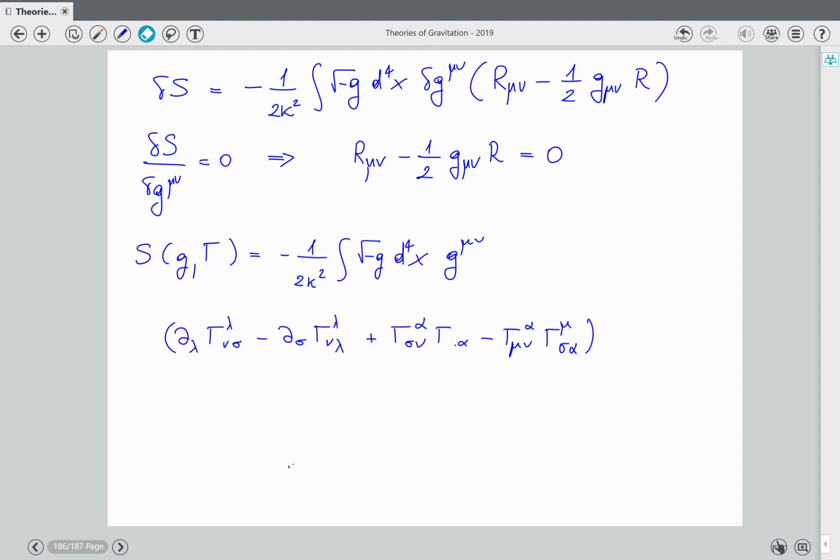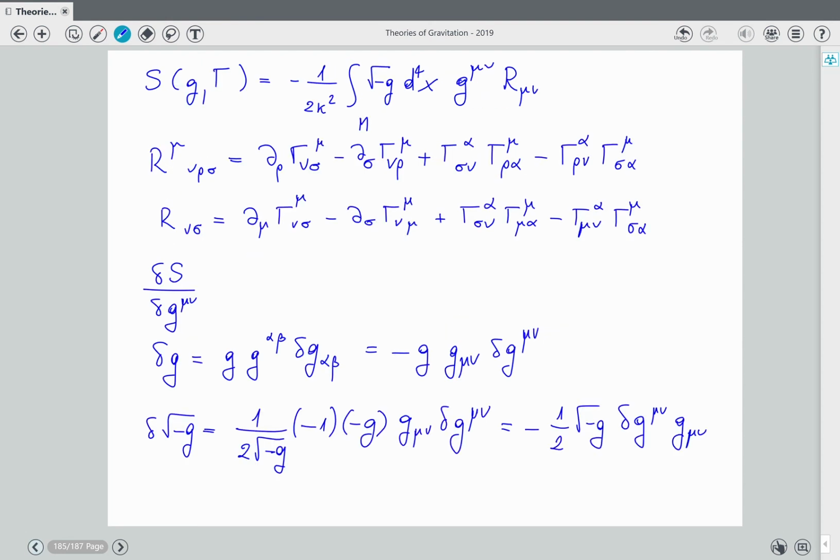Alpha can stay alpha. Lambda, lambda, lambda, lambda. And instead of nu and sigma, that will be mu and nu.